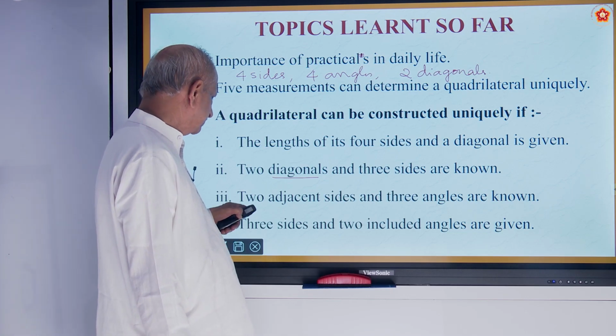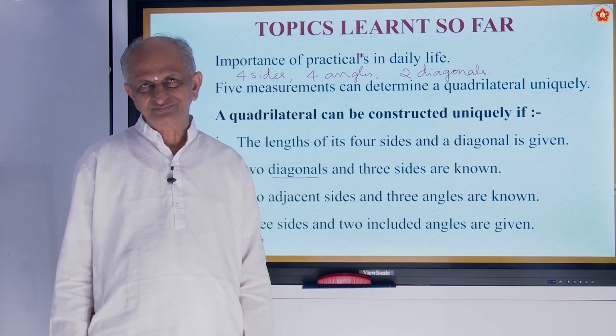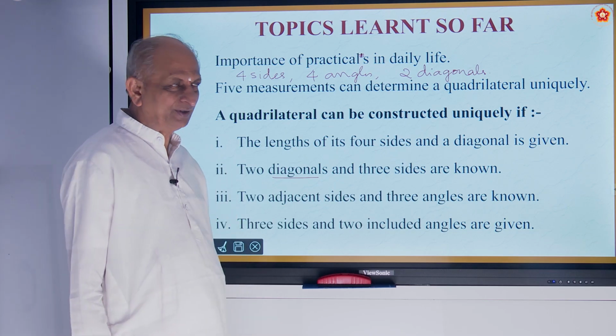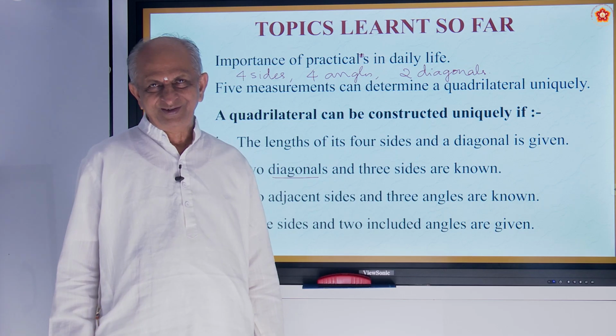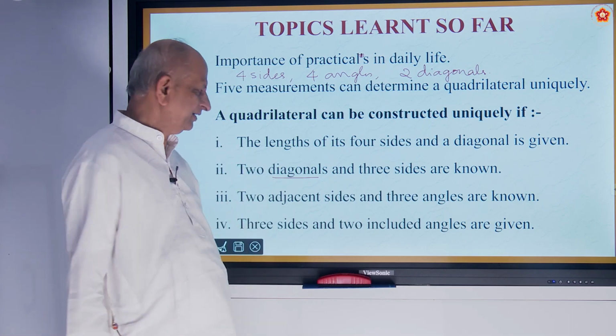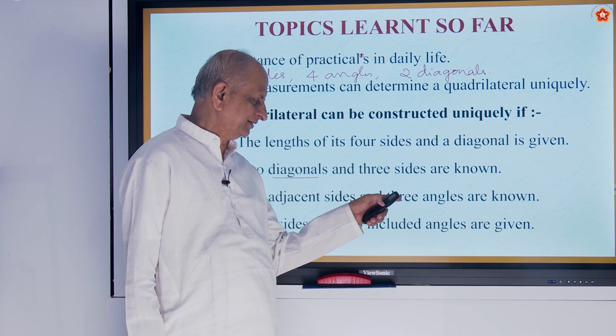And next is 2 adjacent sides and 3 angles are known. Adjacent sides must be given, because every quadrilateral consists of 2 triangles. So the first step is you must draw a triangle. To draw a triangle, you should know 2 adjacent sides and an angle.